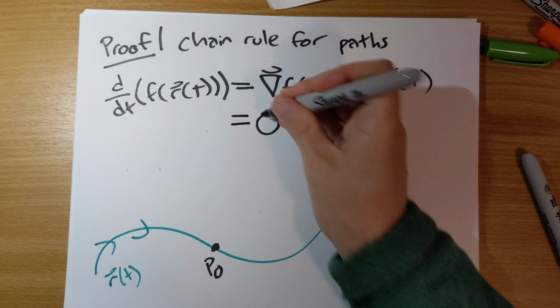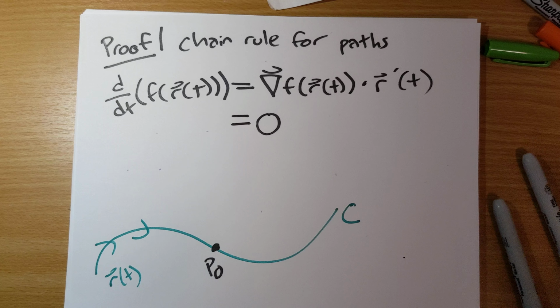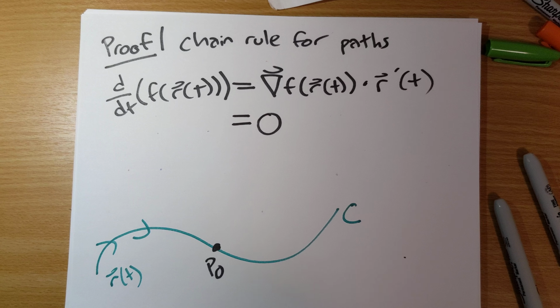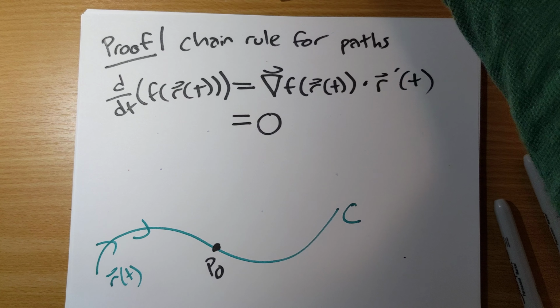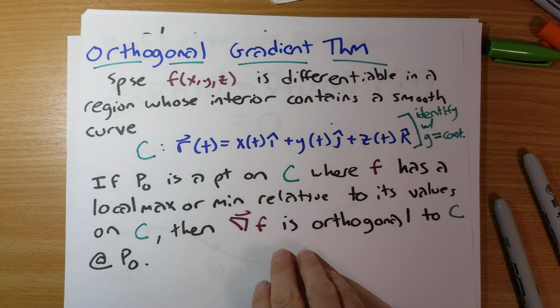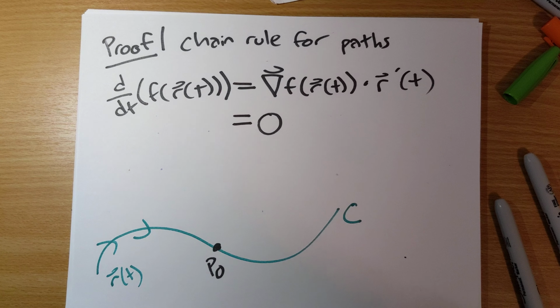This derivative has to be 0. Think back to Calc 1. If you have a local max or min, the derivative has to be 0. We're assuming everything here is differentiable, so we don't have to worry about when the derivative is undefined.